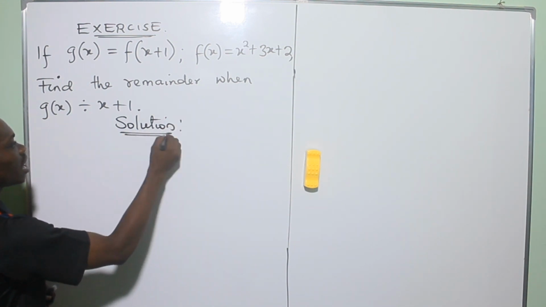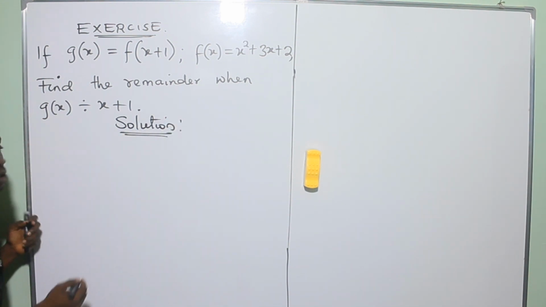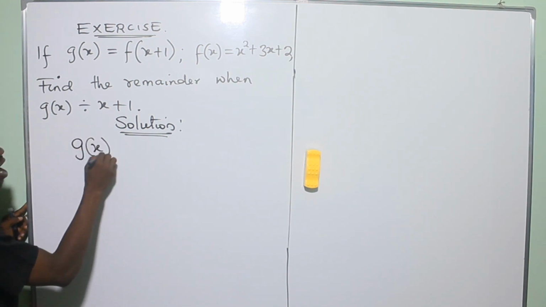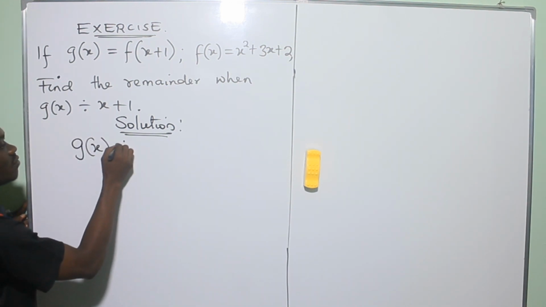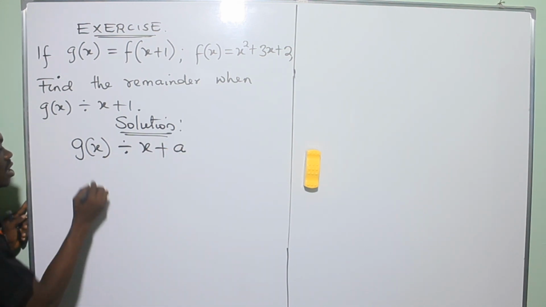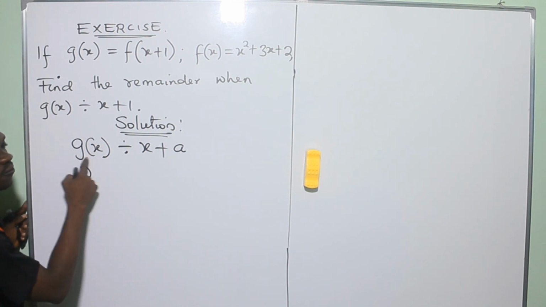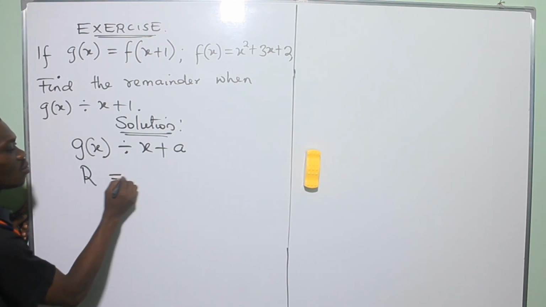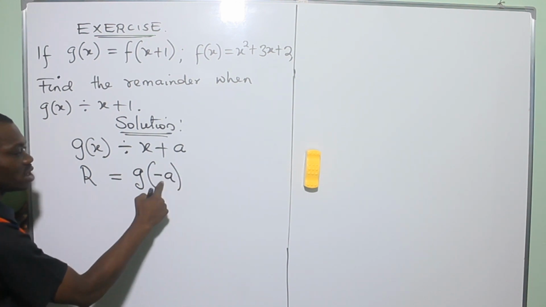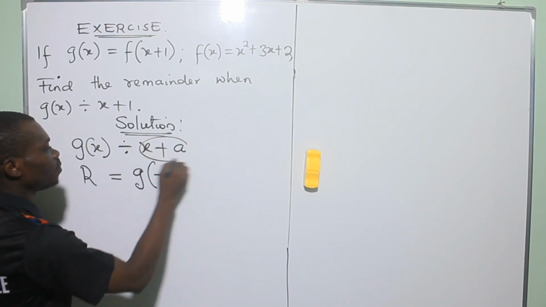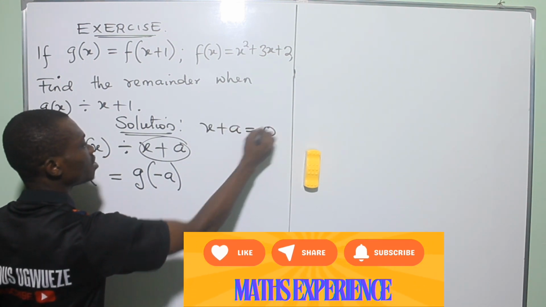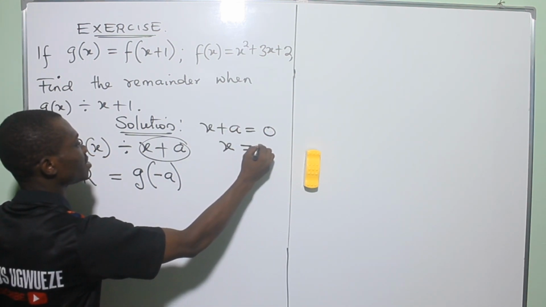All right, now, whenever you're given a function, remainder theorem says that if I have a function g of x divided by x plus a, for instance, then the remainder of this division is simply equal to g of minus a. How did I get this minus a? Pick the divisor, which is x plus a, equate it to 0, and then make x the subject.